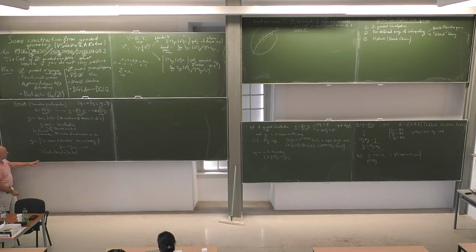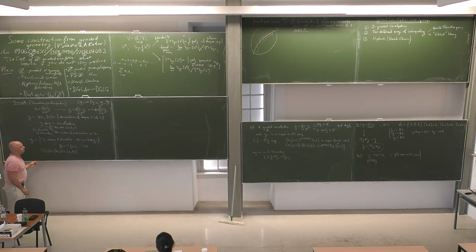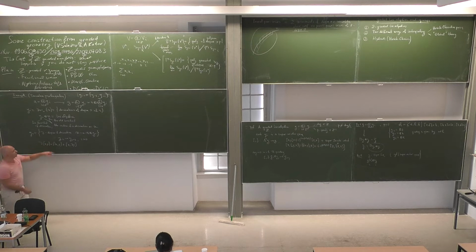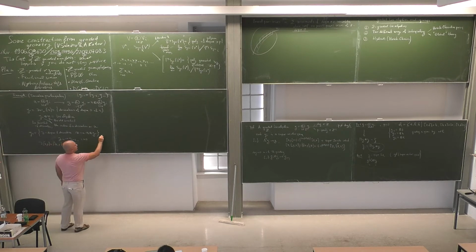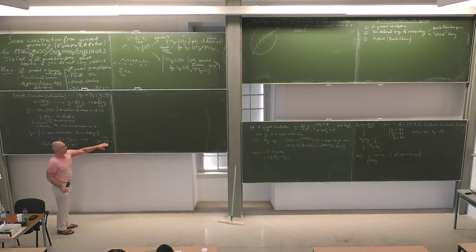How does it act? If i is greater than 1, then g_{-i} goes to g_{-i+1}, but it will still be inside n, right? Because if i is greater than 1, this will be less than 0, so it's still inside n.